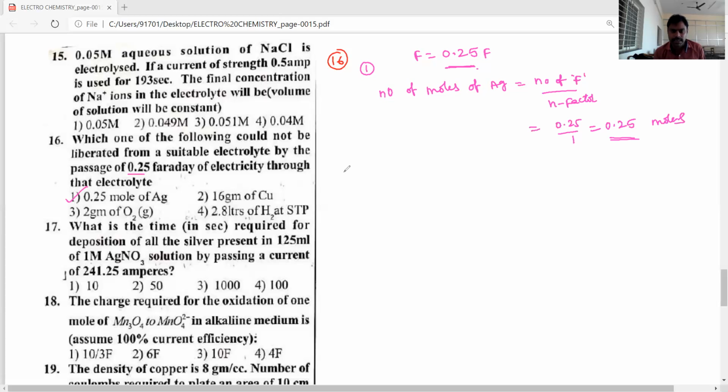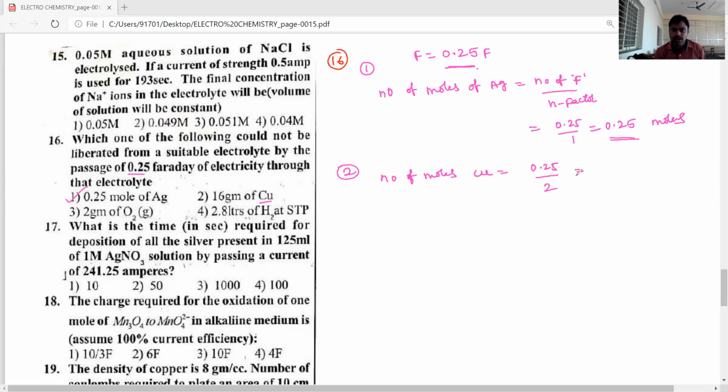Now let's see the second statement, copper. The number of moles of copper is equal to 0.25 by n factor, which is 2.